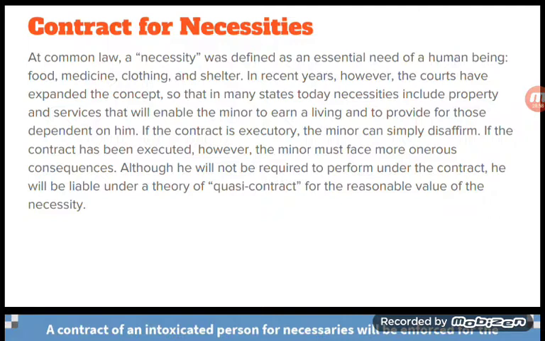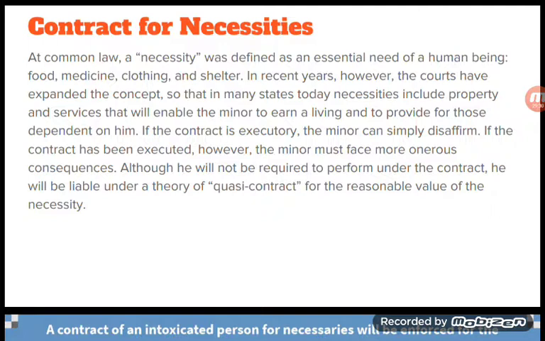Typically a minor, or perhaps the minor's parents, will be bound to make the other person whole, even for the value of the necessary that the minor used. They must be made whole, is the concept, because the minor did need the item, unlike an Xbox or a toy, something the minor doesn't particularly need.